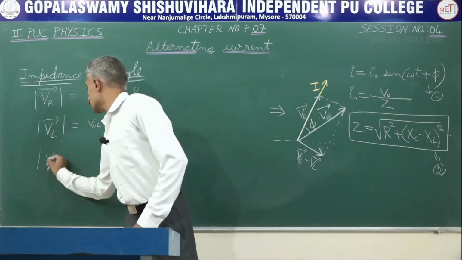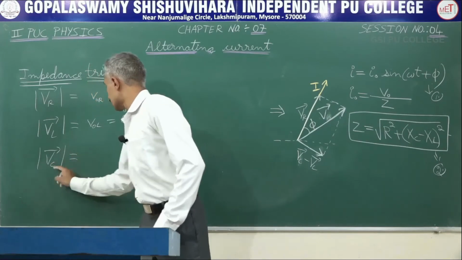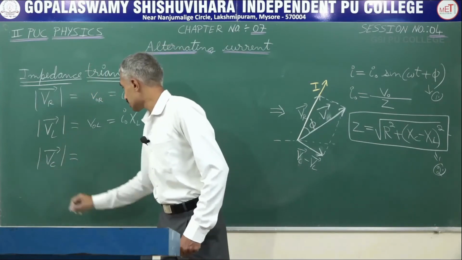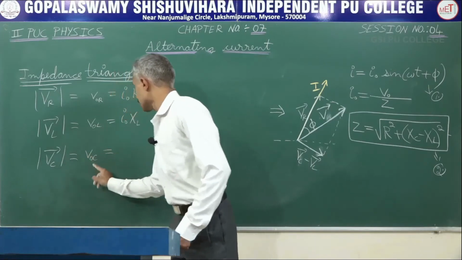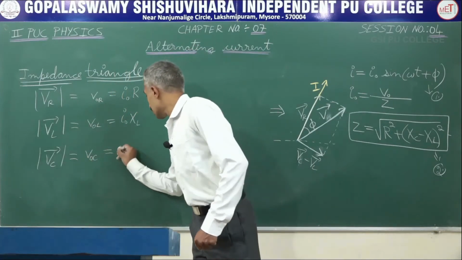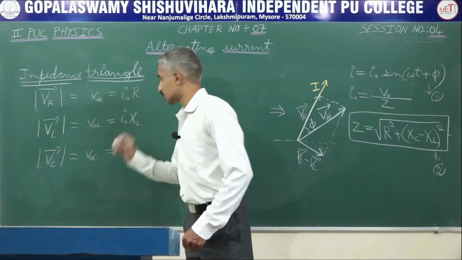Similarly, the magnitude of the voltage across the capacitor, V naught C, the peak value across the capacitor, is given by I naught into XC.